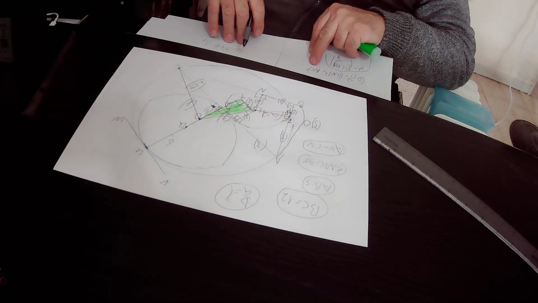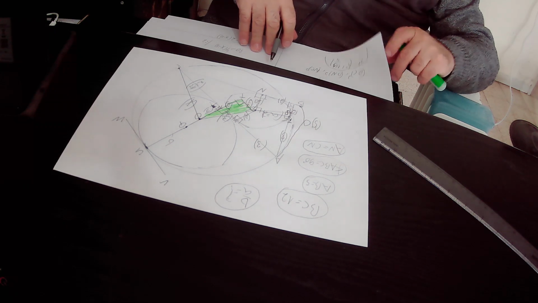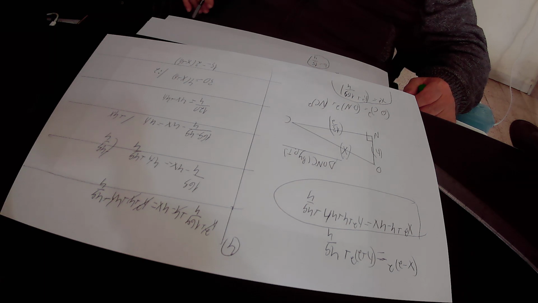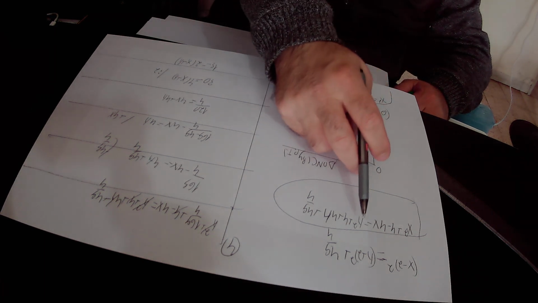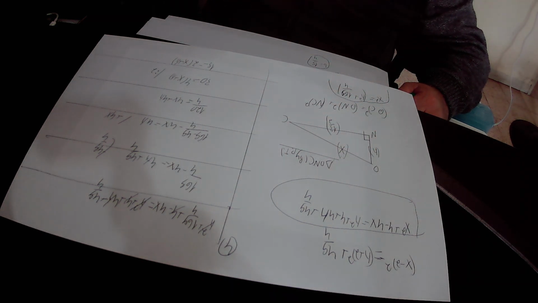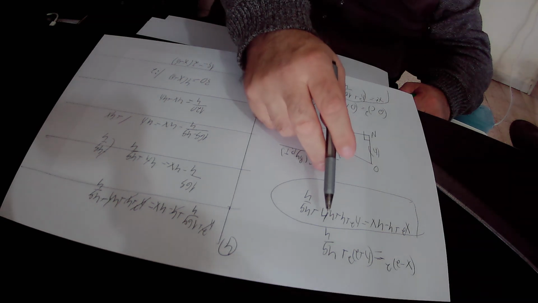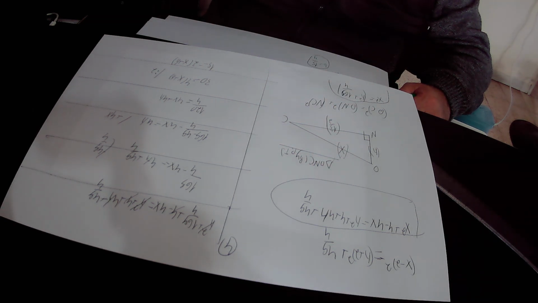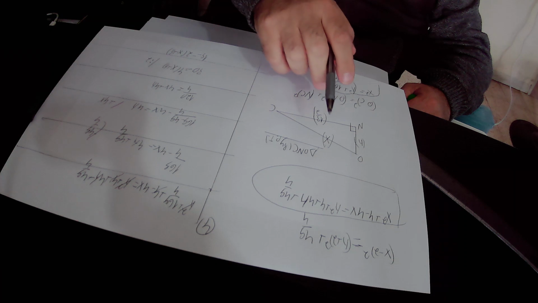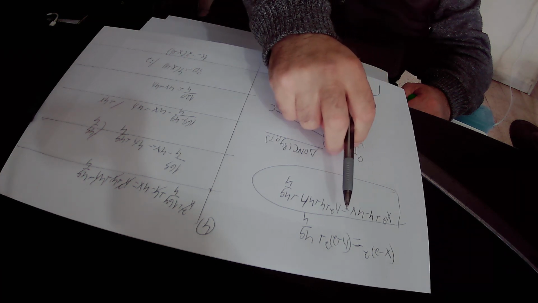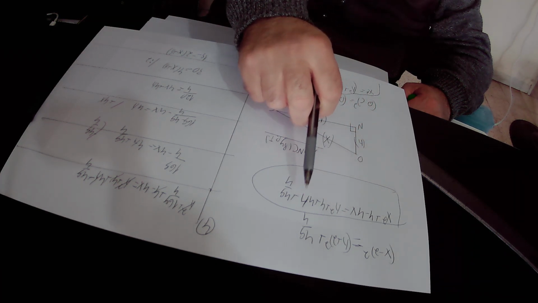PO is x minus 2, therefore PO squared is (x minus 2) squared, and it equals OT squared. OT is h plus 2, therefore OT squared is (h plus 2) squared, plus PT squared. PT is 7 over 2, therefore PT squared is (7 over 2) squared, which is 49 over 4. So in conclusion, we found out that (x minus 2) squared equals (h plus 2) squared plus 49 over 4.